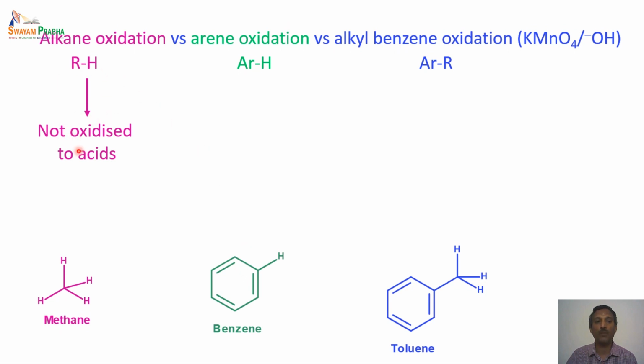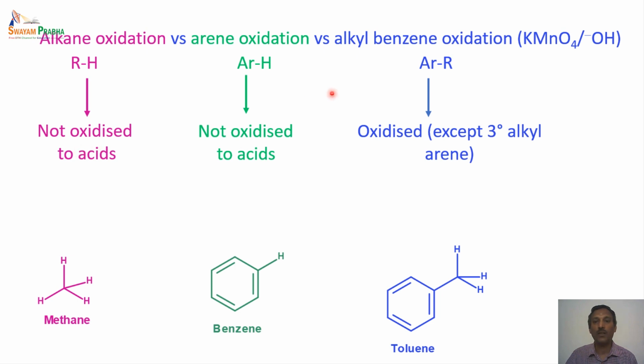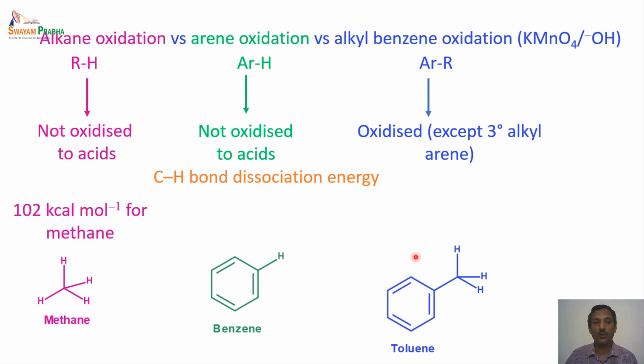Because we already know alkanes cannot be oxidized to acids. Arenes also cannot be oxidized, but alkyl benzenes can be oxidized, except the tertiary alkyl arene. The reason is the CH bond dissociation energy, because in the previous slide we had seen the benzylic proton is very essential for this reaction to occur.